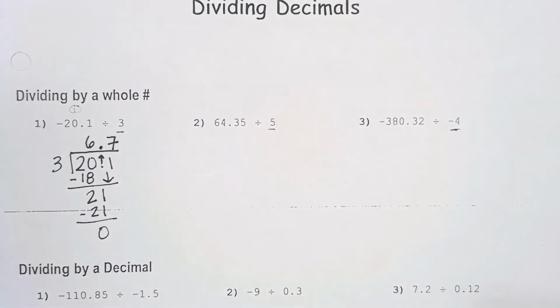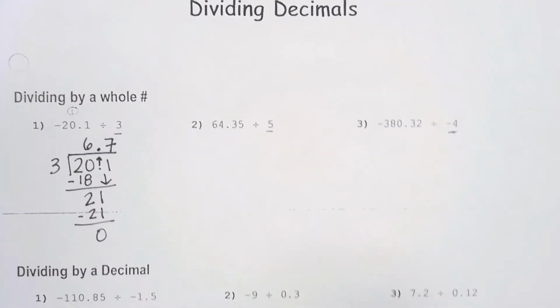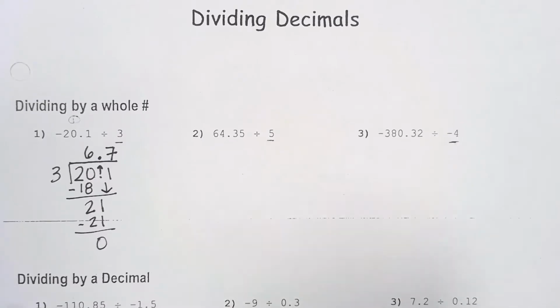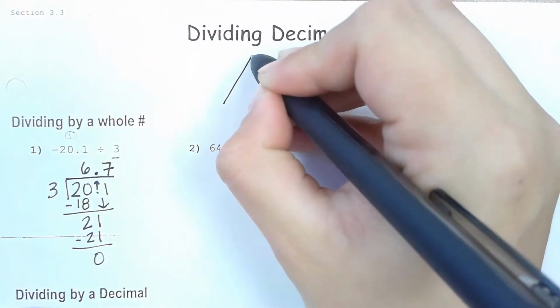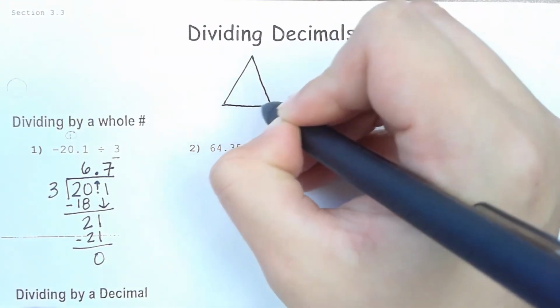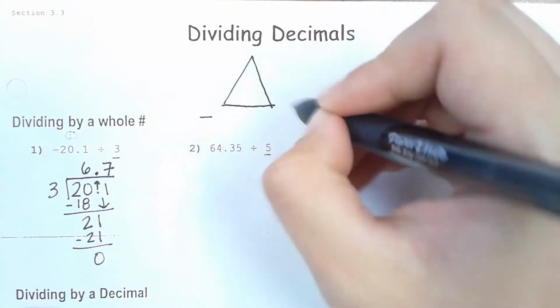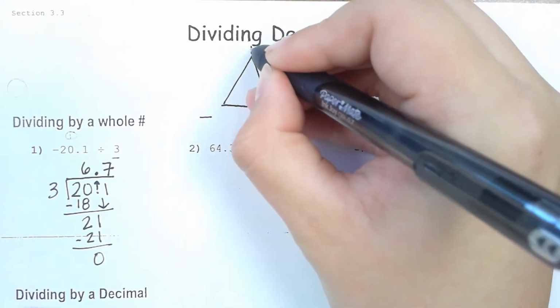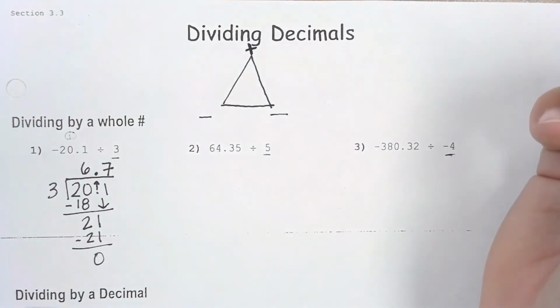The only thing here is you saw that it's a negative 20.1. So we did throw some negatives in here, so please be cautious of that. Remember, when we are multiplying and dividing with numbers, I taught my students the Christmas tree. You have your presents at the bottom and your star at the top, which would be indicated by the plus sign.